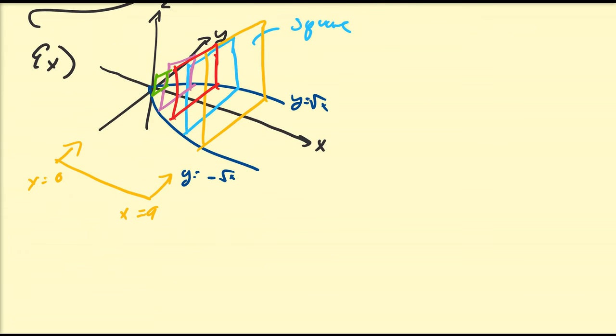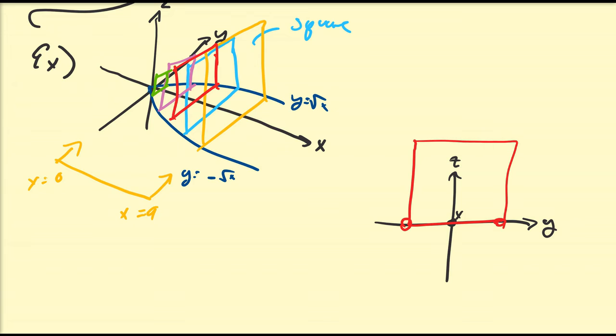All right, so let's look at one of these squares. So this is going to be the z-axis, this is going to be the y-axis, and the x-axis is going to be looking at us directly. So let's look at the red rectangle, for example. So here's our square. So we know that this distance is going to be the square root of x. This distance must be the square root of x.